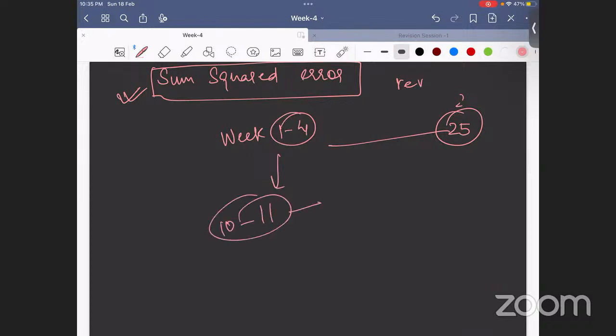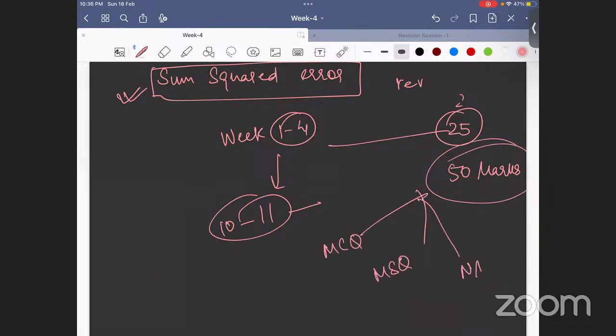Each week will consist of some 3-4 problems. For 4 weeks we have some 12 problems, 50 marks of quiz. The problems will be MCQ, MSQ, and NAT. NAT will have a higher chunk. MCQ and MSQ will be of equal weightage.